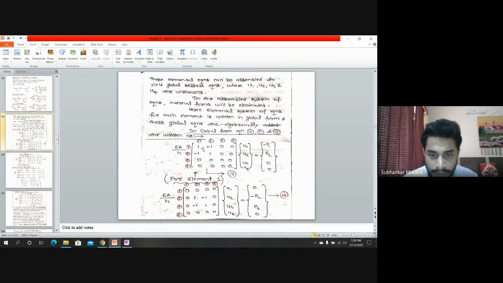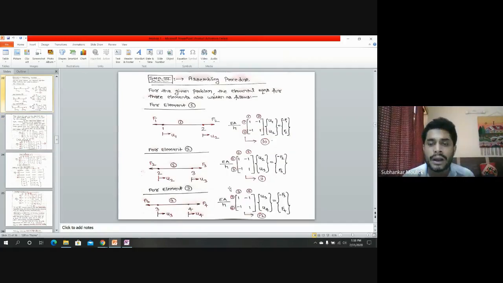Now, inside this big matrix, you are writing only the global equation for element number 1. You can see which coefficients you will take into account. You will take first row first column, first row second column, second row first column, second row second column.